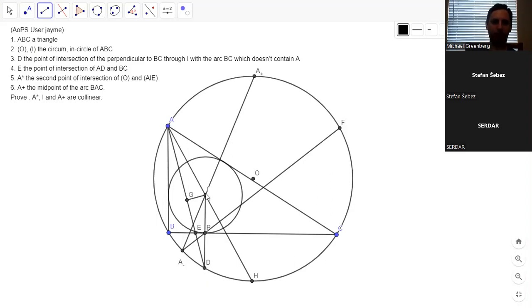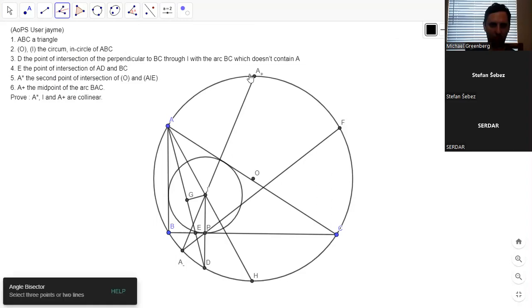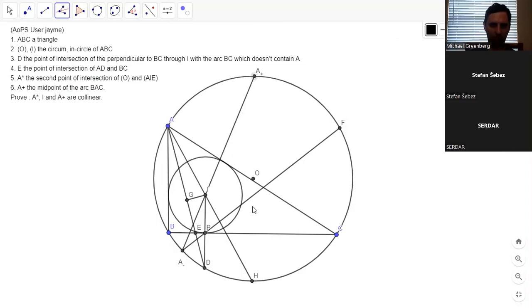So yeah, we know for angle IEP, yeah, I think this might be an angle bisector.